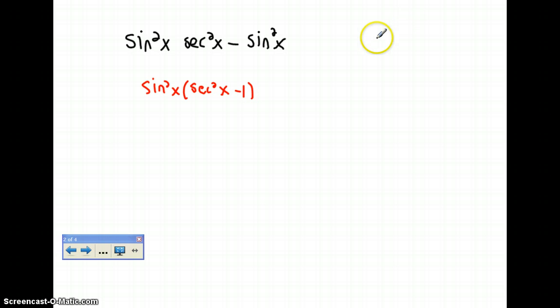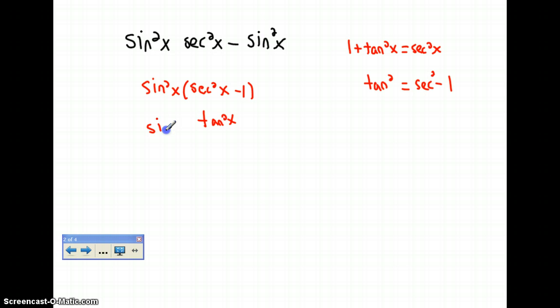Now, where have I seen this one before? Well, I know it's 1 plus tan squared x equals secant squared x. That's the same thing as saying tan squared equals secant squared minus 1. So I can replace the secant squared minus 1 with tan squared.